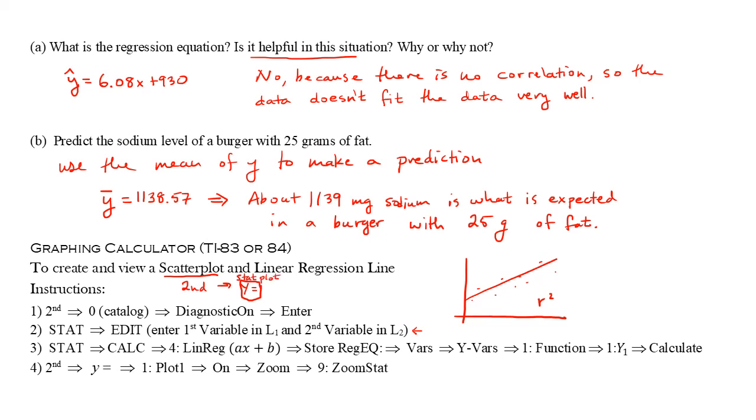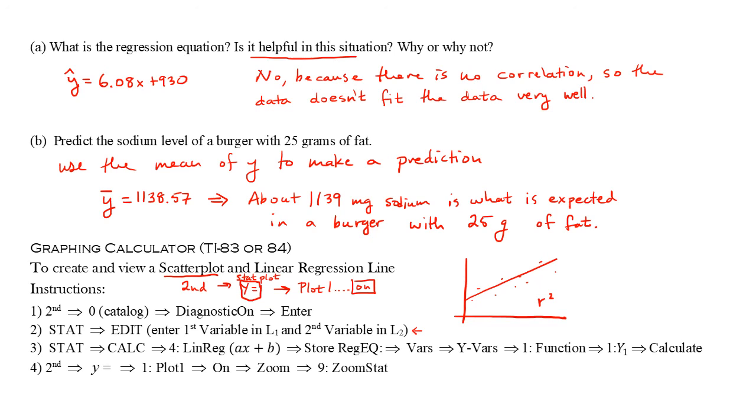And there you want to make sure that you turn plot 1 on. So you'll enter and make sure you enter on, and make sure the X and the Y list both correspond to the X and the Y list that you entered here.